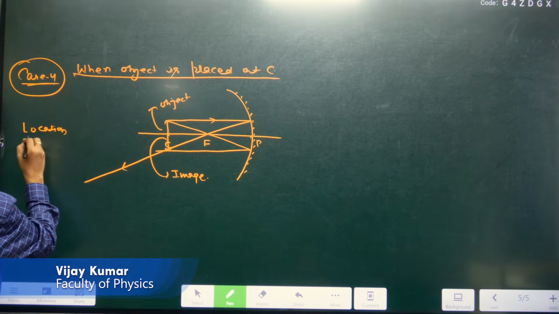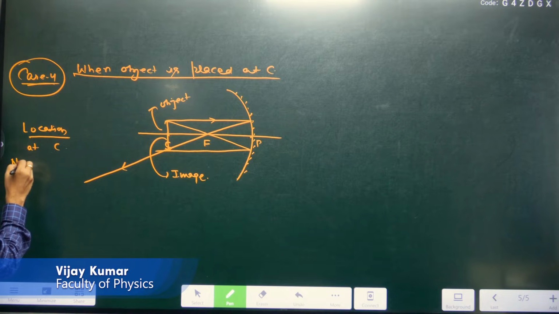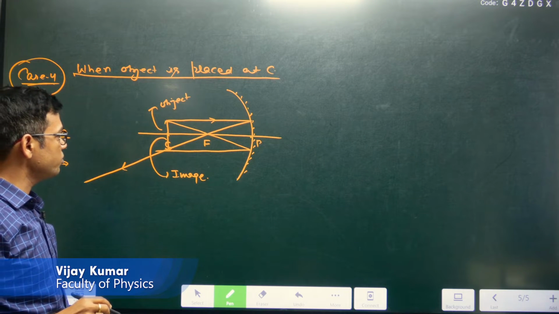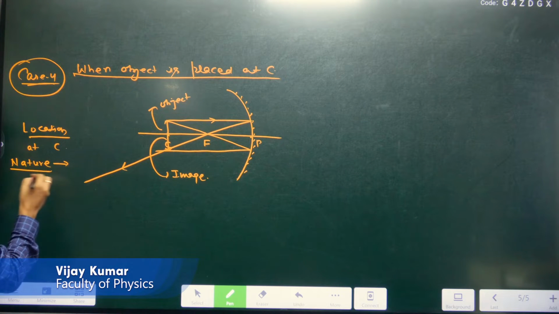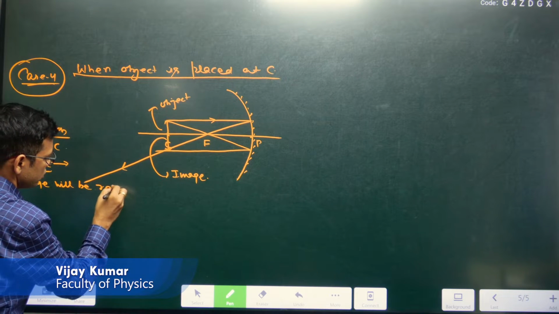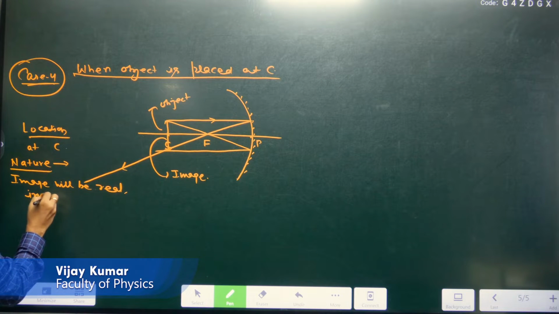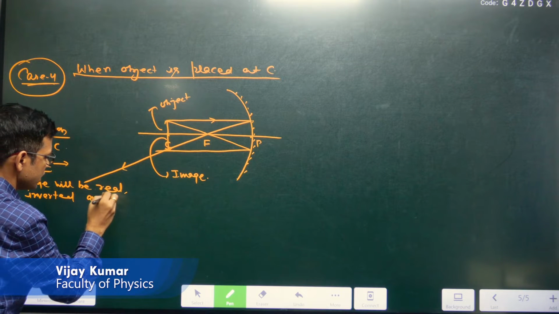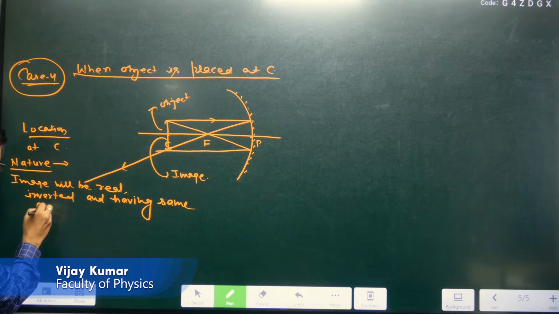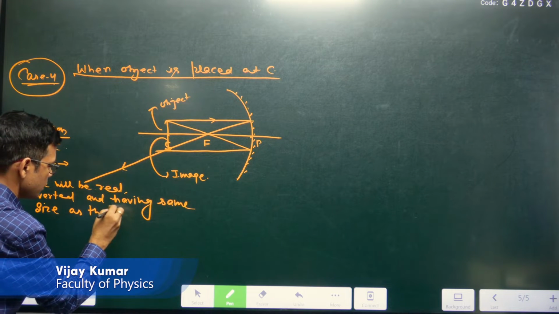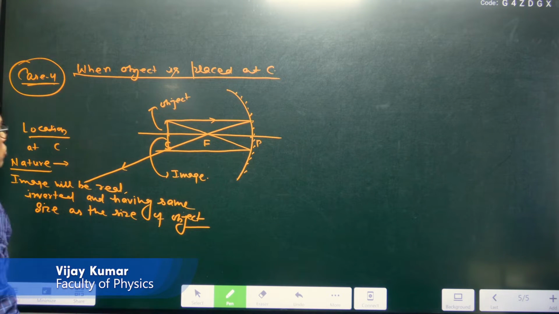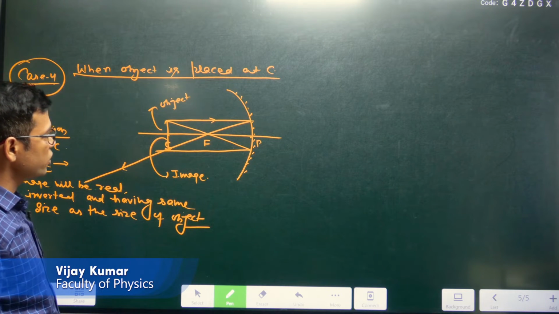So the location of the image will be at C. Nature: as the image formation takes place by the intersection of real rays, the image will be real, inverted, and the same size as the object. So this is your case number 4.